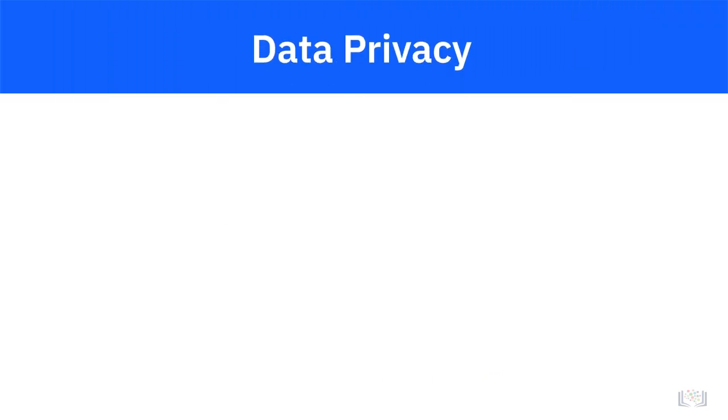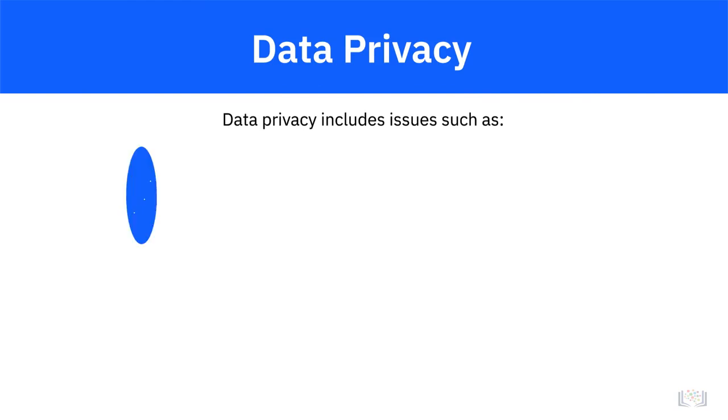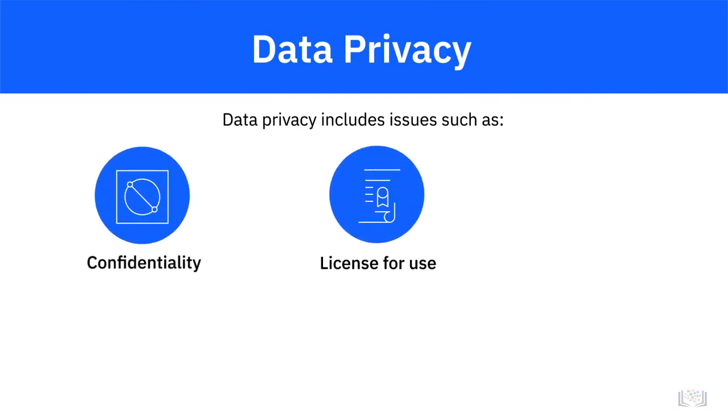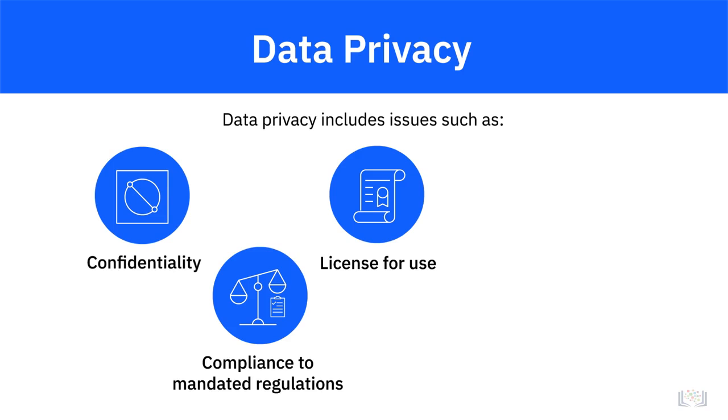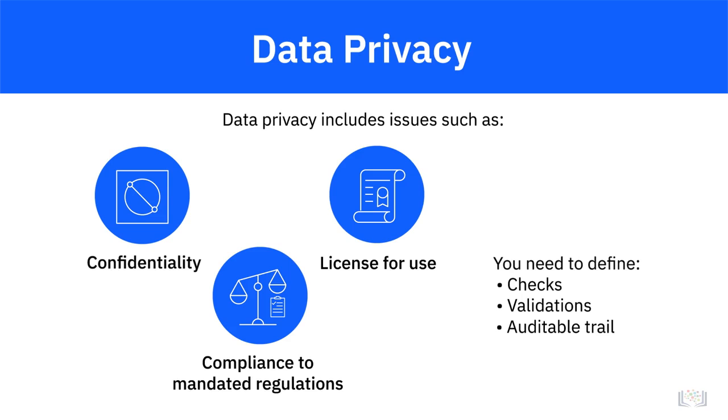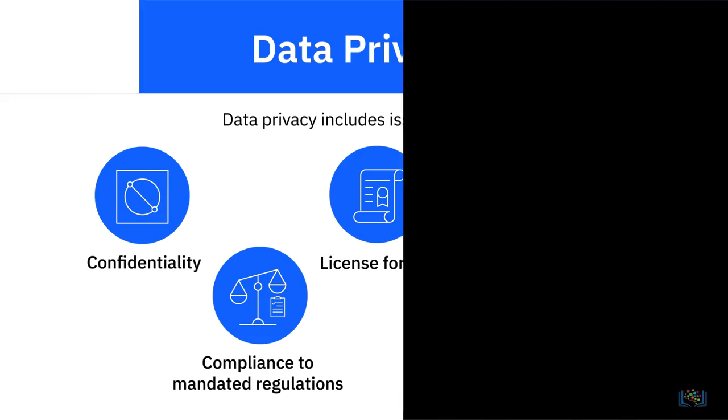Another important consideration is data privacy. Data you collect needs to check the boxes for confidentiality, license for use, and compliance to mandated regulations. Checks, validations, and an audit trail need to be planned. Loss of trust in the data used for analysis can compromise the process, result in suspect findings, and invite penalties.